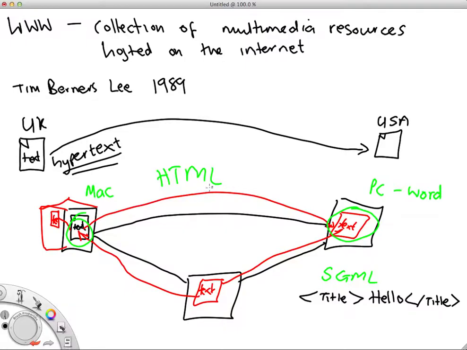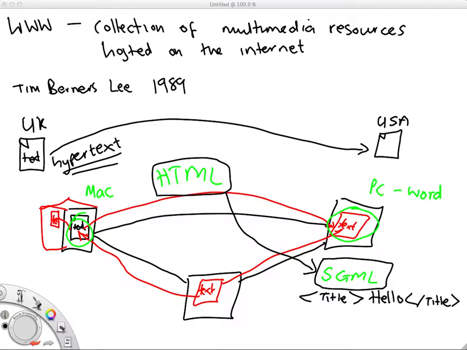And rather than develop a brand new language, I'll create this thing called HTML that will be based upon this thing called SGML. And that's what I'll do. And so Tim Berners-Lee invented HTML, and roughly the date that this came to light was around 1992.